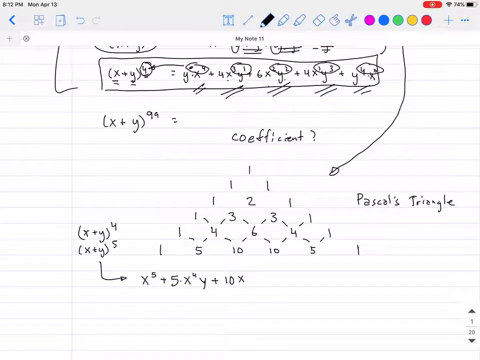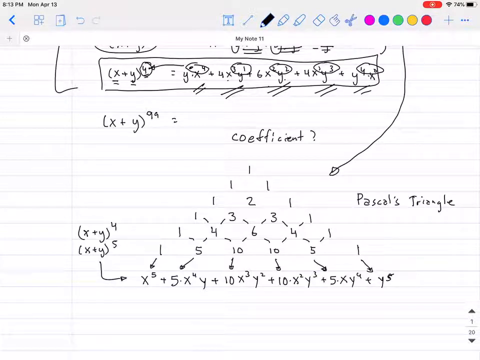And then plus 10 times x to the 3rd, y to the 2nd, plus 10 times x squared times y to the 3rd, and then plus 5 times x times y to the 4th, and then finally plus y to the 5th. So that's how it's going to match up. That's the coefficient here, here, over here, and over here. Well, there you go. We got the binomial expansion.